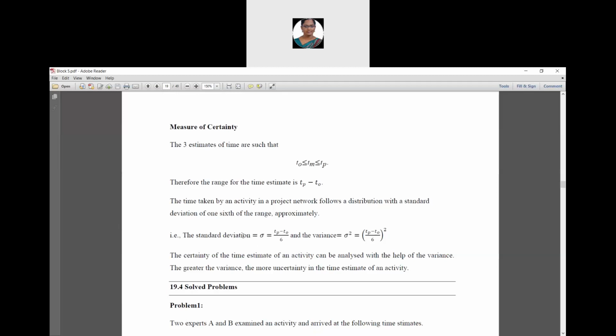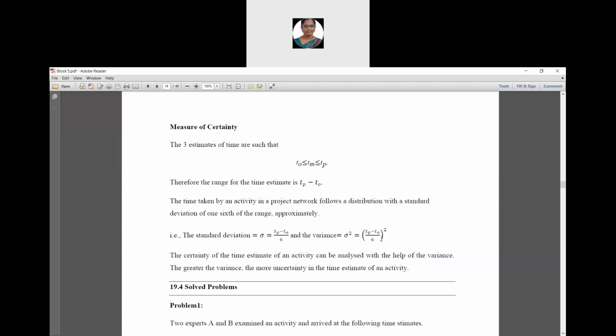The standard deviation is denoted by sigma and it is calculated using the formula Tp minus T naught divided by 6, and the variance, denoted by sigma square, is calculated using the formula Tp minus T naught divided by 6, the whole squared. The certainty of time estimates of an activity can be analyzed with the help of the variance.